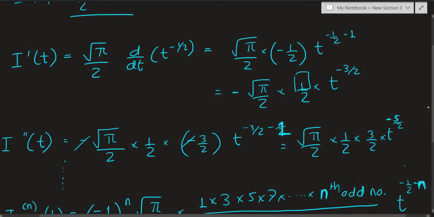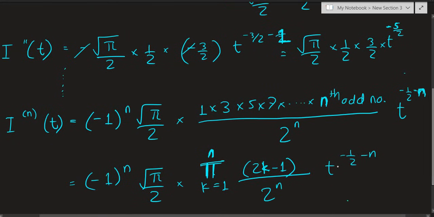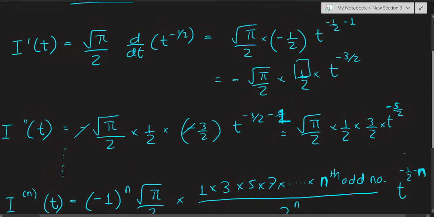Exactly, we had a 1 in the numerator. And so for n equals 2, or the second derivative I double prime, we had k equals 1 to 2. So for k equals 1 we have 1, for k equals 2 we have 2 times 2 minus 1 or 3. So 1 times 3. That's exactly what we have.